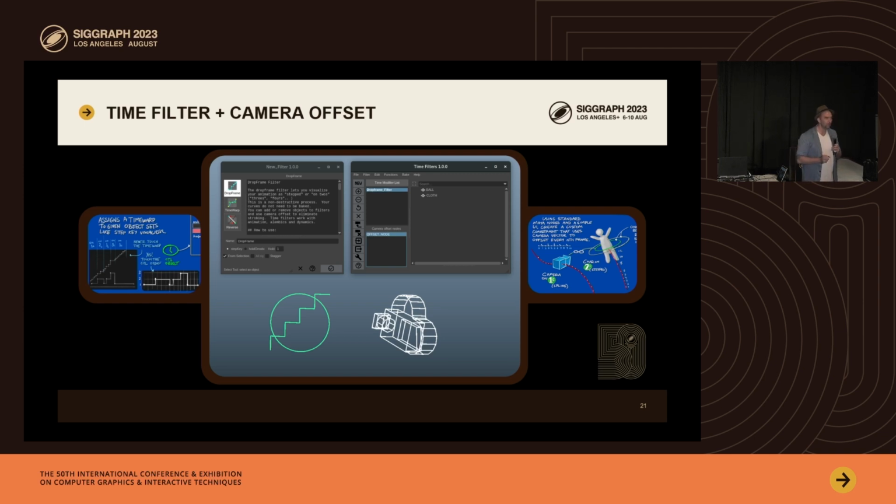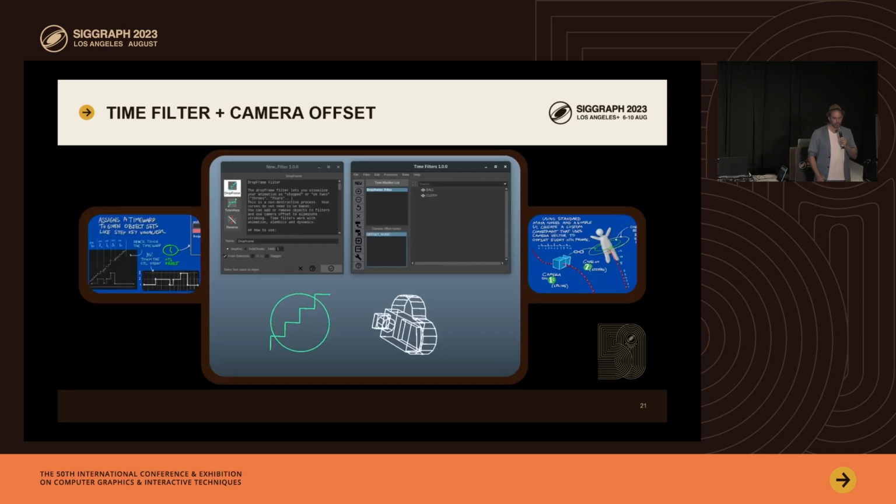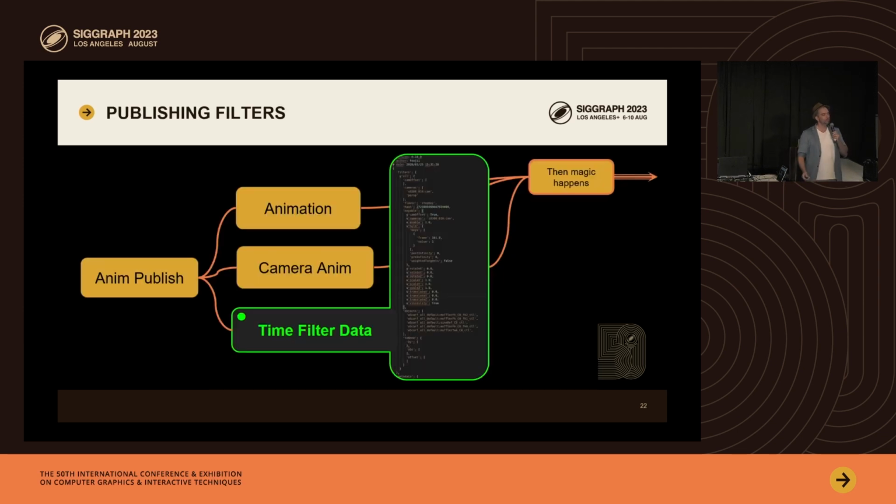But this was only the beginning of the problem. On a typical animation workflow, when the animator pushes the Publish Scene button, the pipeline takes over, publishes animation, publishes camera animation, and sends it down the pipe to be reassembled for other departments, lighting and special effects. For a project that has time filter, what we did was create a new class of publishable, which is the time filter data.